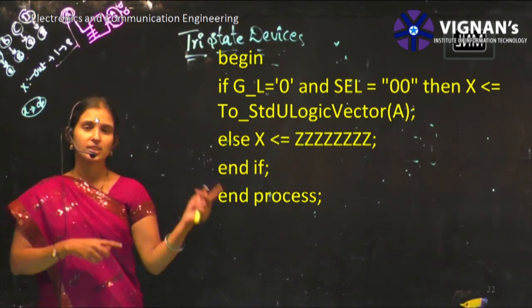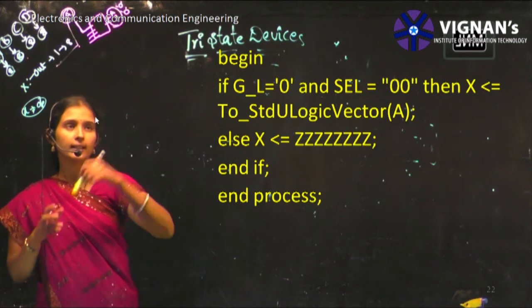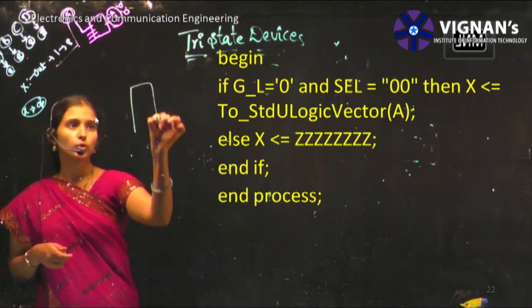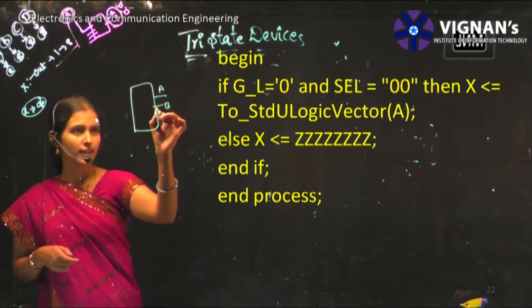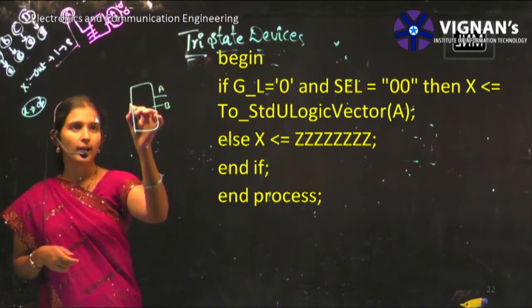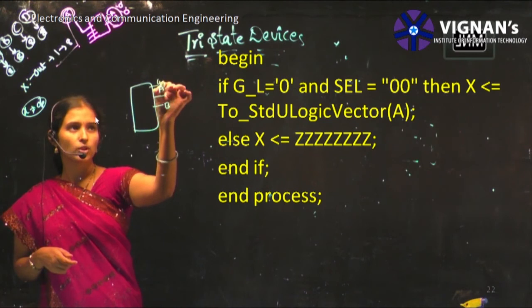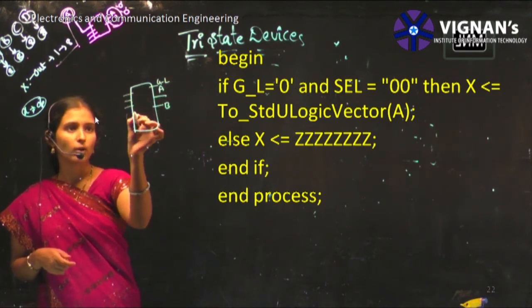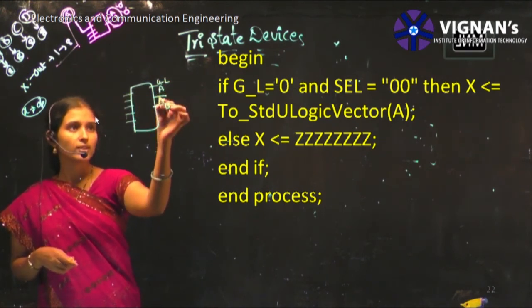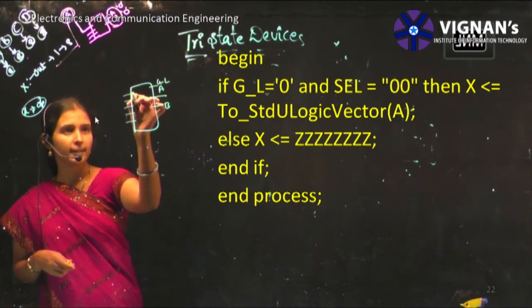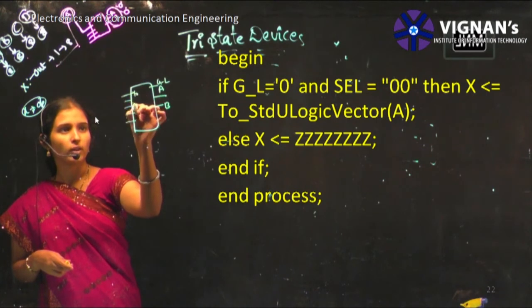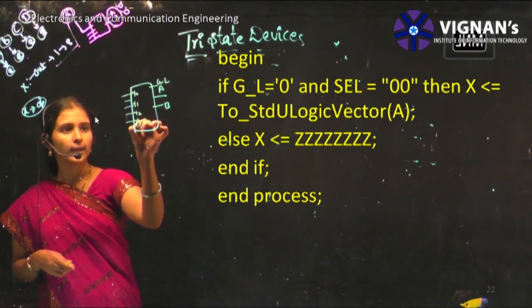See, in the previous diagram you have seen the 2 to 4 decoder, with A and B as your selection lines, as well as an enable input. It is a 2 to 4 decoder, so 2 inputs and 4 outputs are provided: let them be Y0, Y1, Y2 and Y3.